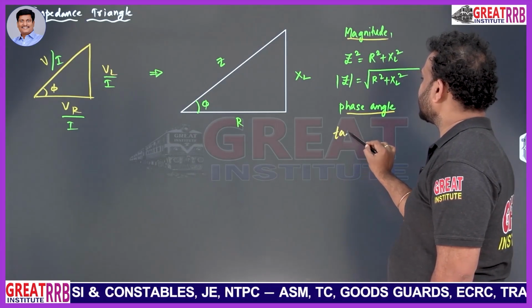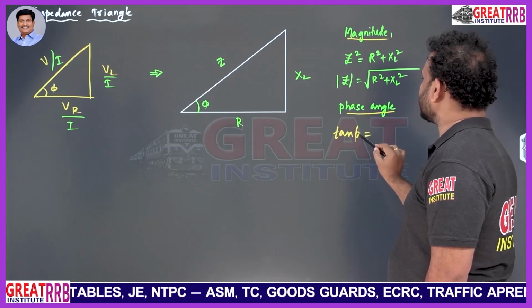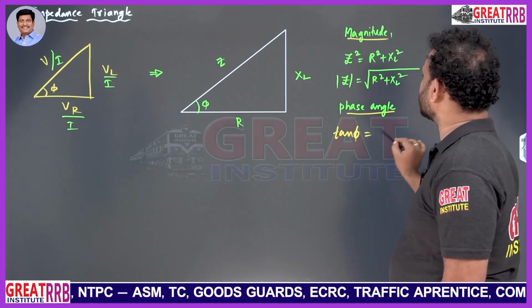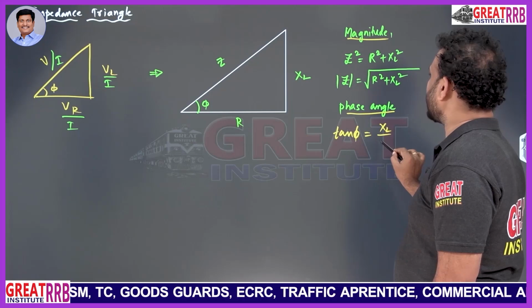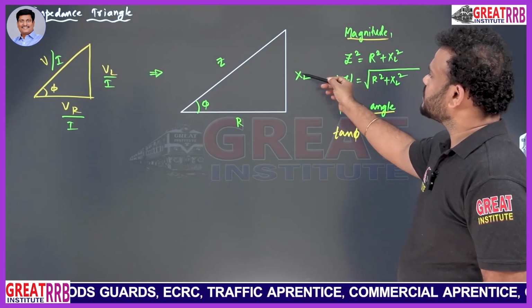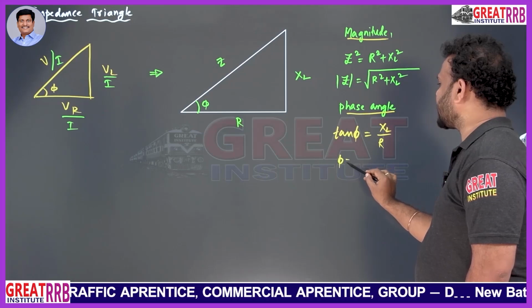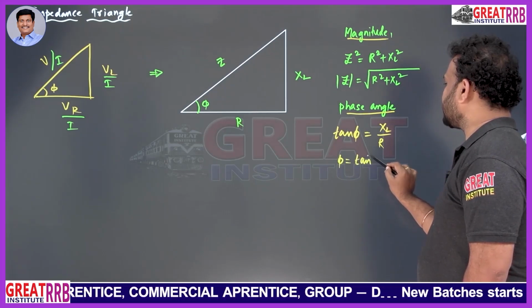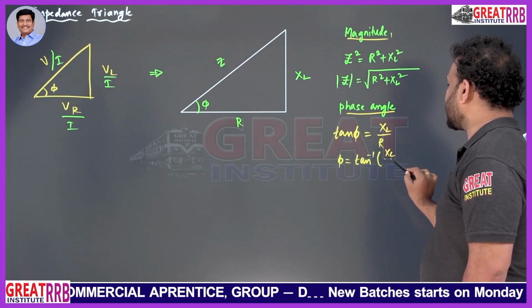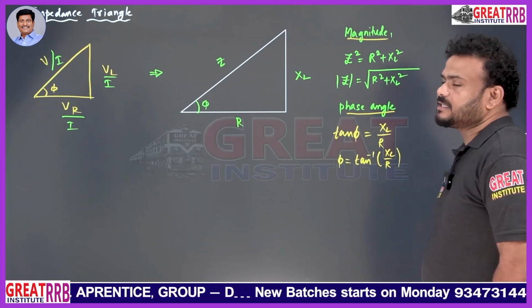If I go with phase angle, it could be written as tan phi is equal to opposite upon adjacent, and adjacent is nothing but resistance. Therefore, phi is equal to tan inverse of XL by R. This is the phi.